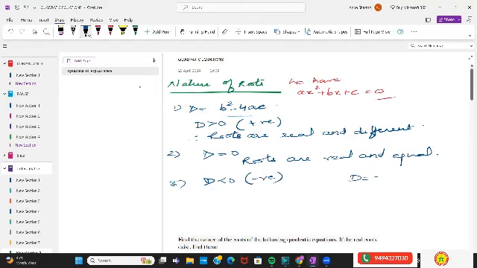Suppose you get discriminant minus 5, minus 10, minus 220, or whatever, then roots are not real, that is, they are imaginary. Have you remembered, beta?